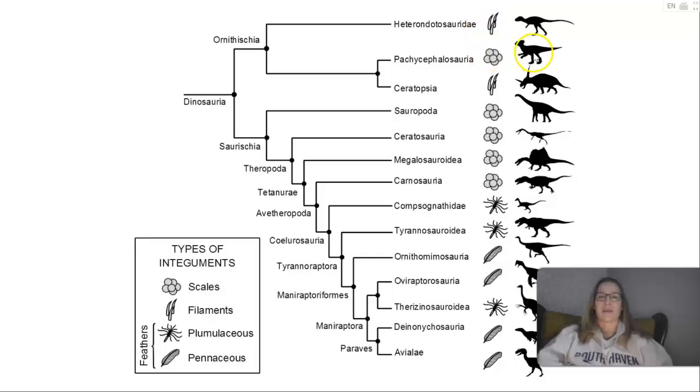Okay, so these would have scales. Anything with this marking would have scales. Filaments, plumulaceous feathers. Okay, so some kind of feathers, and also pennaceous. So two types of feathers here, just showing the diversity of integuments, or types of skin.